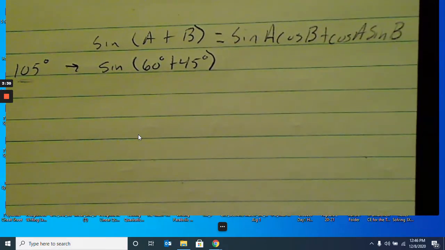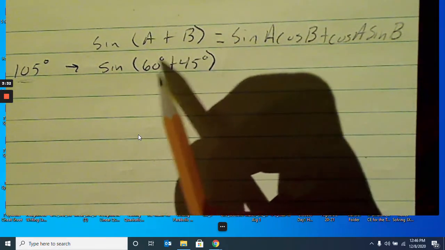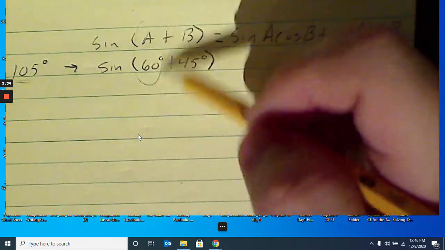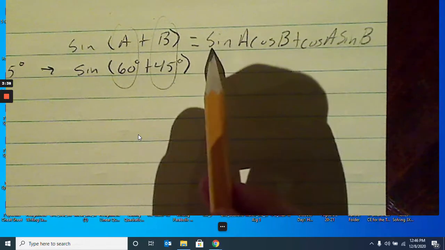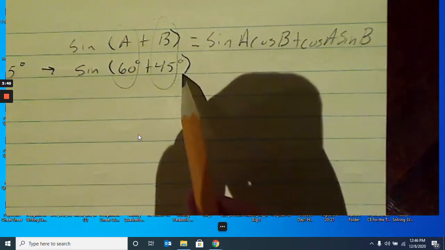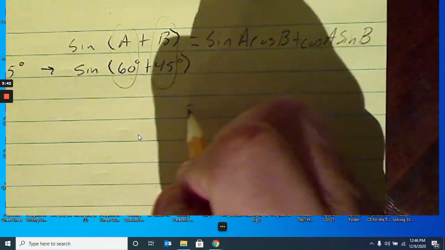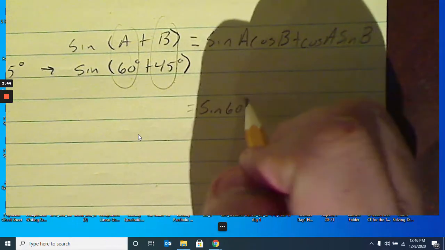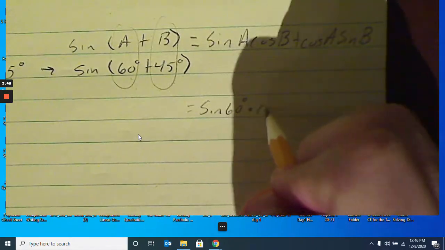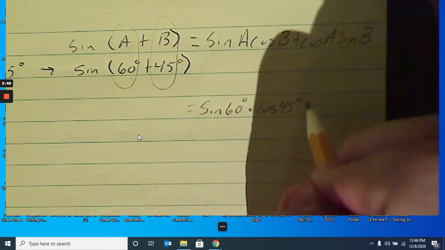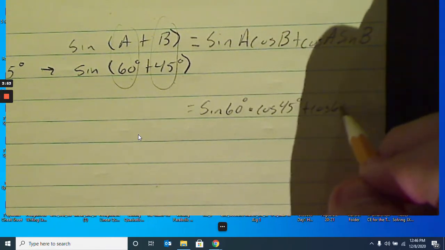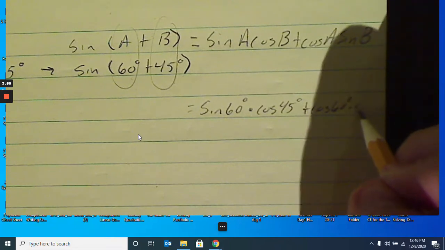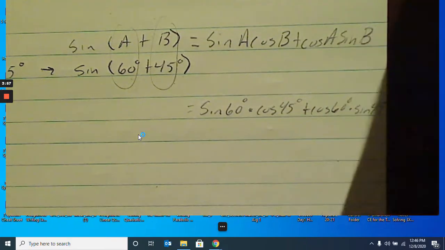Okay, so here's basically how it works. I take my two angles, and notice how I wrote this one as a and this one as b, and I rewrite this with those angle measurements. Then this is going to basically become the sine of 60 degrees times the cosine of 45 degrees plus the cosine of 60 degrees times the sine of 45 degrees.